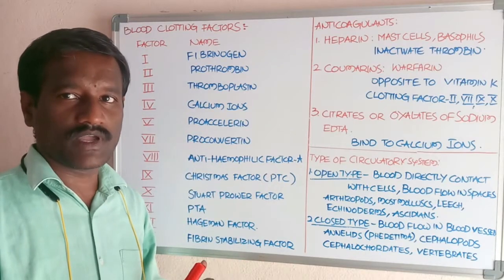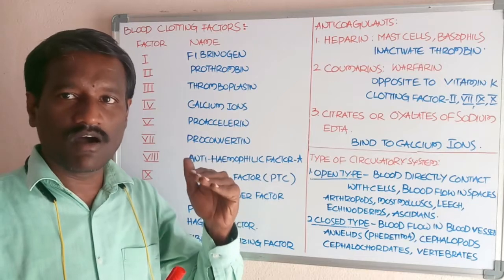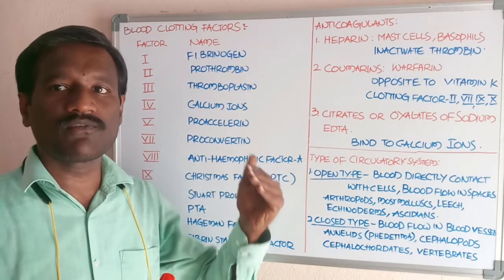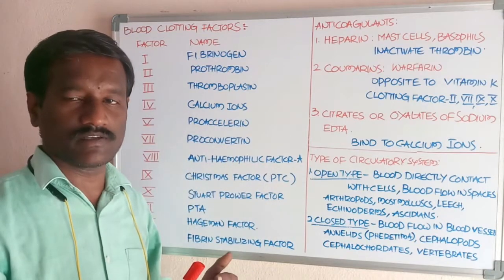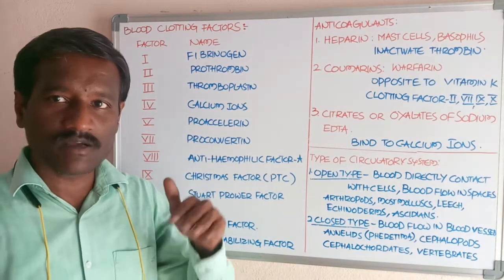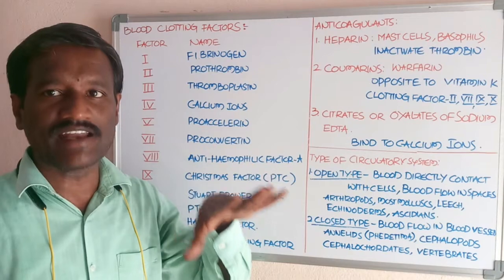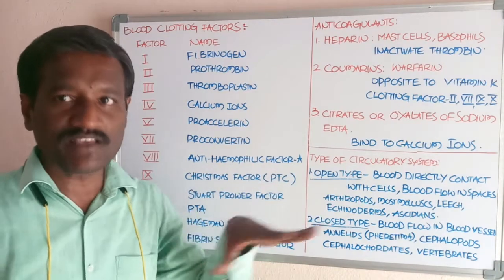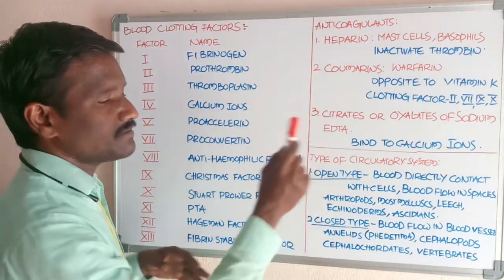Okay, and in these animals, blood may flow in the blood vessels and may not flow in the blood vessels. If blood does not flow in the blood vessels, blood freely flows in the body cavities, sinuses, open places in the body. This system is called open type circulatory system.